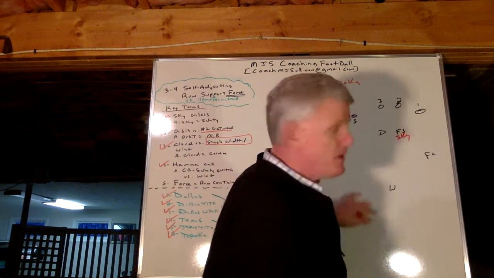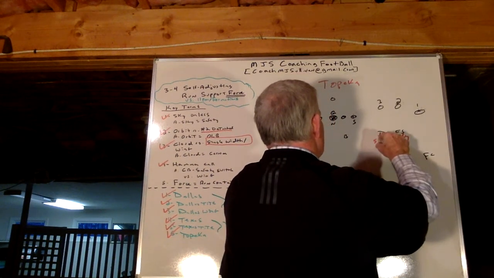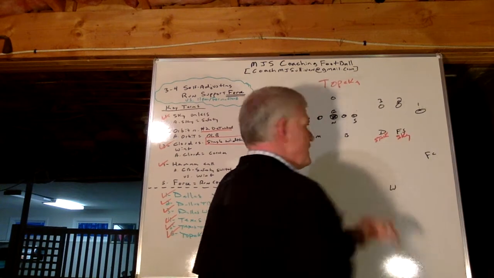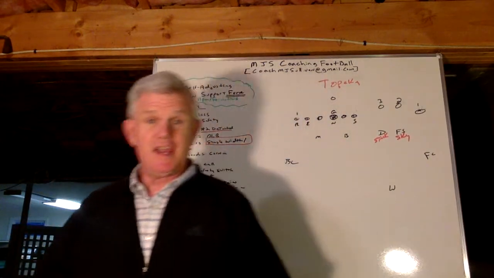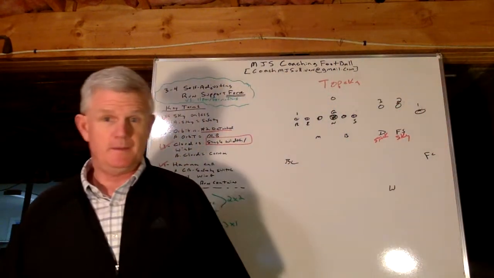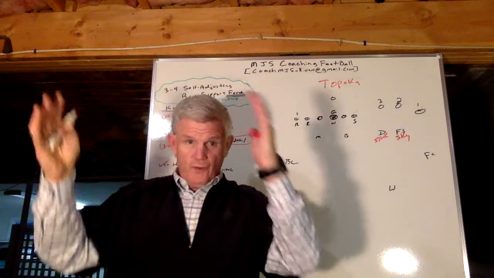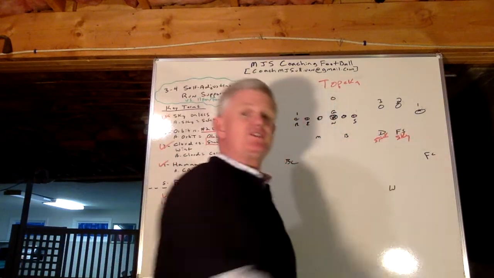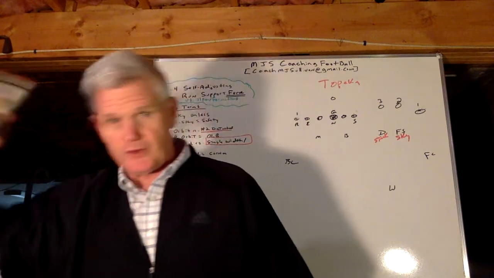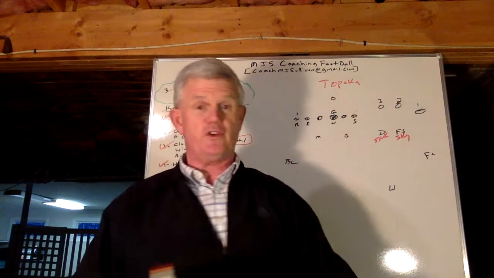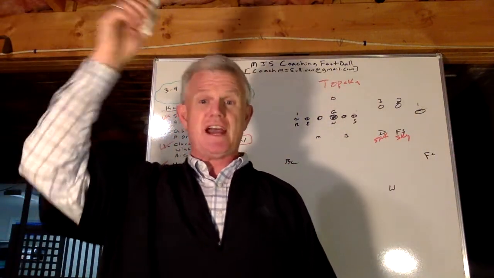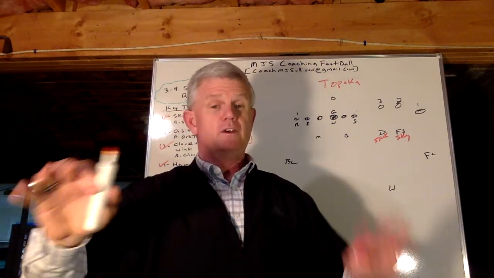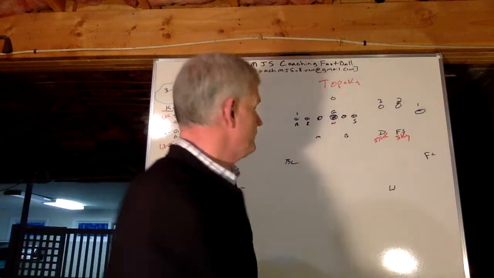The dime becomes the stack, except the dime stays inside. So your 2 force defenders are side by side. So we say the outside of the 2, which is going to be the free, the guy over 2, he has force, so sky stays sky. Okay, to answer that question.